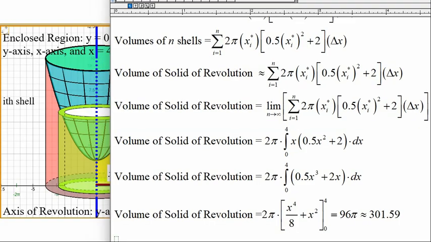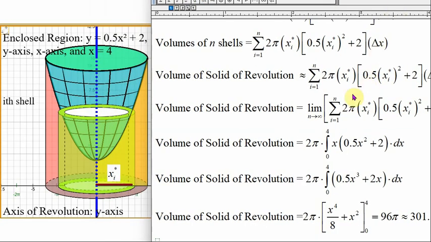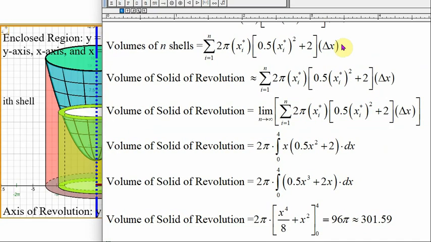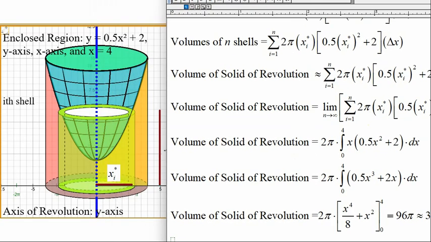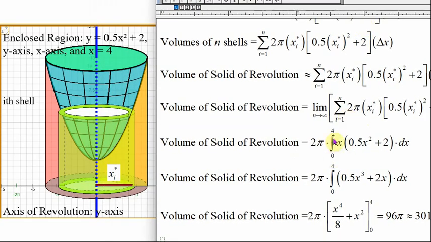And if this limit quantity right here exists, then we would define it as the integral from 0 to 4 of 2 pi times x times 0.5 x squared plus 2 dx.